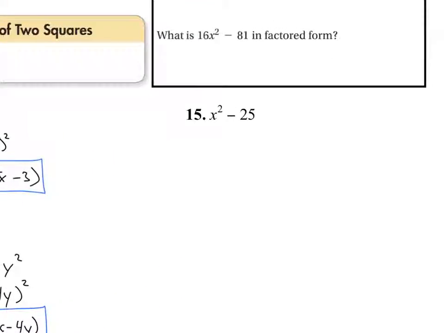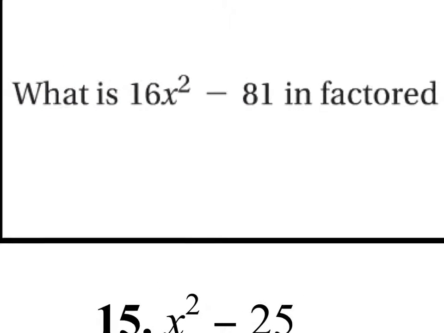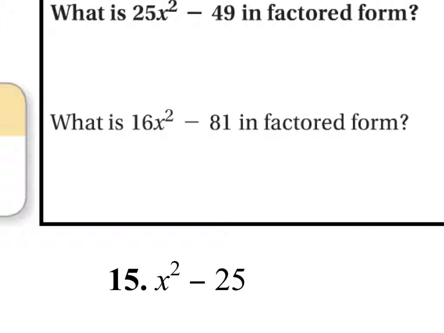Let's work this one: 16x squared minus 81. Work it with your neighbor if you need, otherwise by yourself. Go. I saw lots of good answers here. What you should have been doing is rewriting 16x squared as 4x quantity squared.